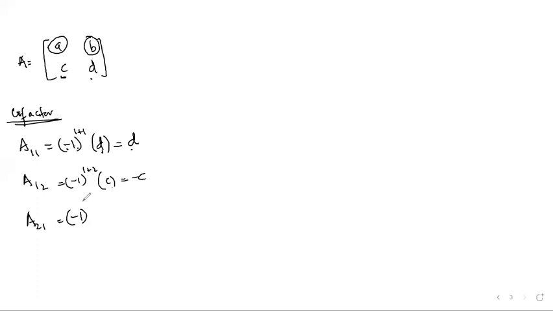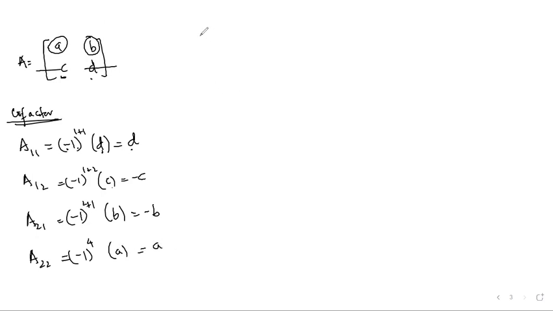So minus 1 raised to 2 plus 1, delete the row and column, so you'll get B. So the answer is minus B. Then A22 will be minus 1 raised to 2 plus 2. Delete the row and column, so A, so the answer is A.